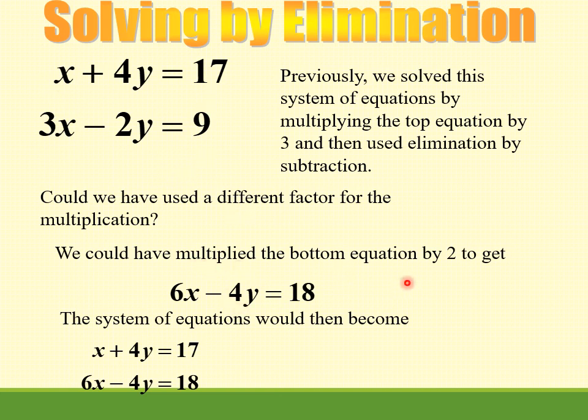Is it possible for us to multiply the top equation by 3? Yes, it is possible. So if you multiply that top equation by 3, then it will give you something. And then if you multiply the bottom equation by 2, you get something like 6x minus 4y is equal to 18.